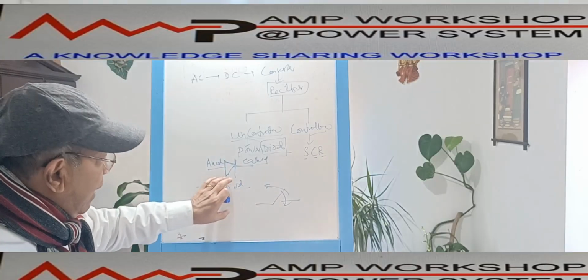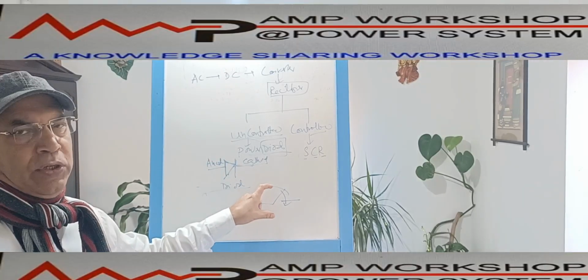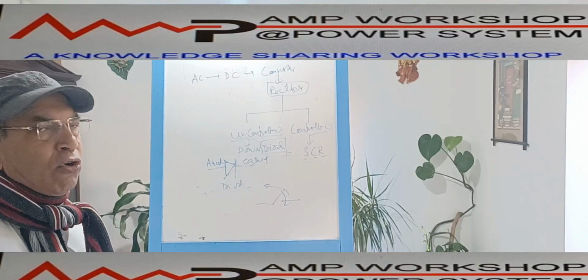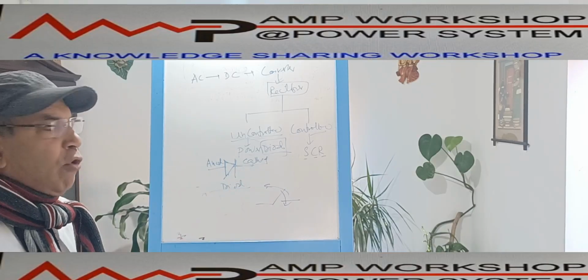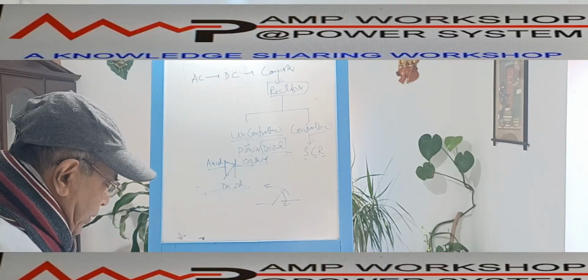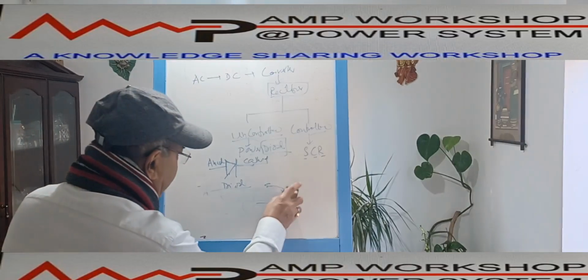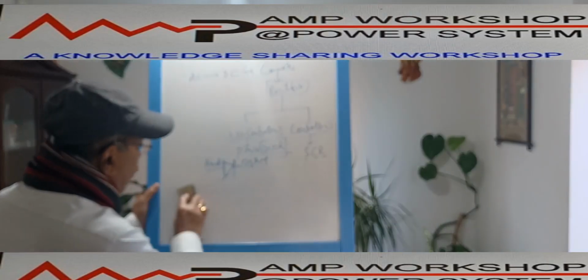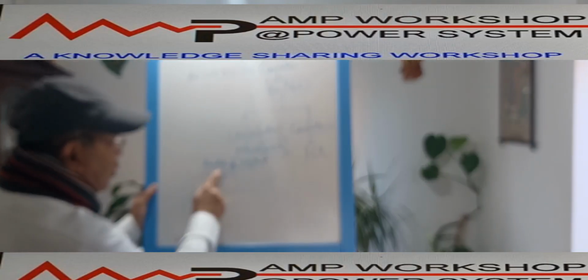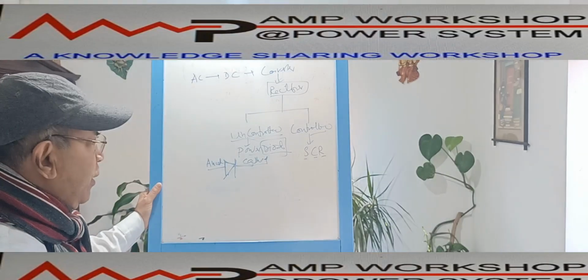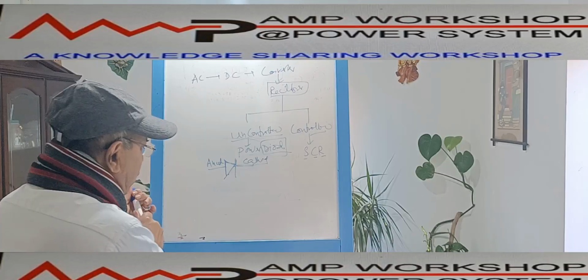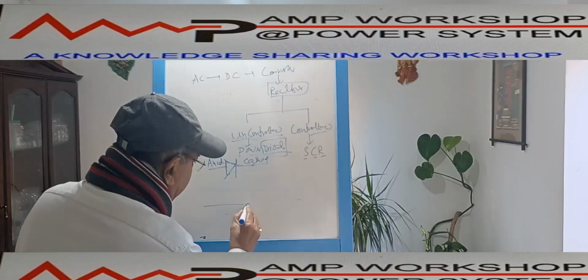The diode is the same as a switch, but this switch is not operated mechanically. It is operated electrically. How is it operated? The characteristic of the diode is like this. Suppose this is the cathode voltage, 0.